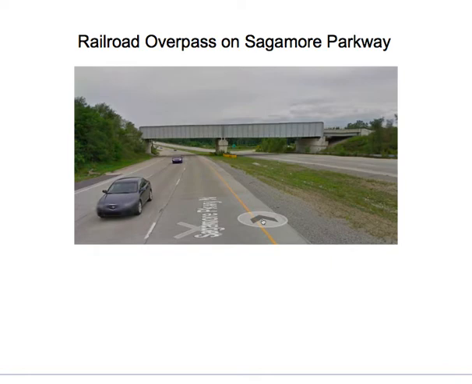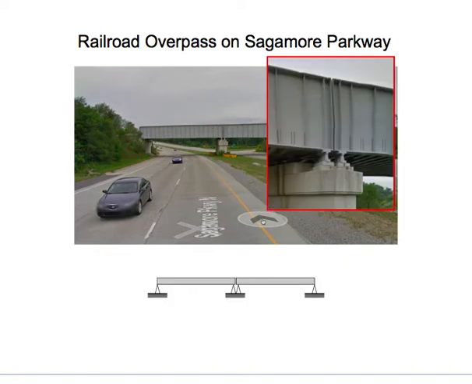This is north of campus. And what you'll find on the other side of the bridge actually is a railroad bridge going across Sagamore Parkway. If you look at the details of this, the railroad bridge is supported by a reaction force here on the left side, a reaction force on the right. But looking at the support there in the middle, we see that the bridge here is actually made up of two beams.